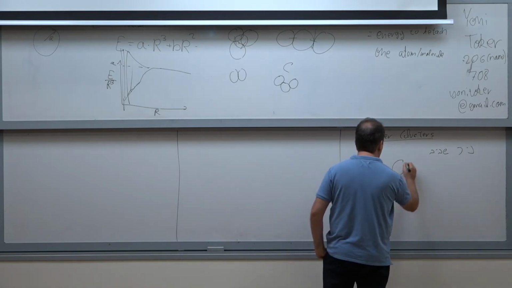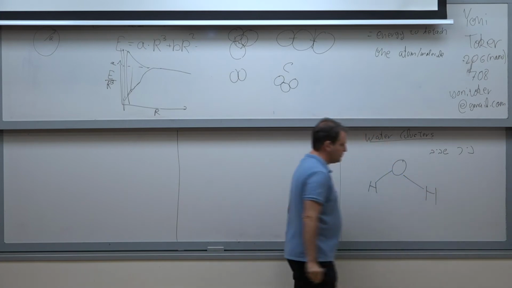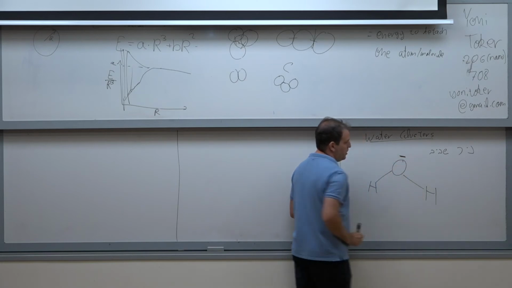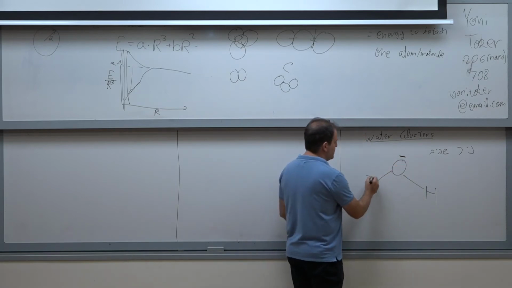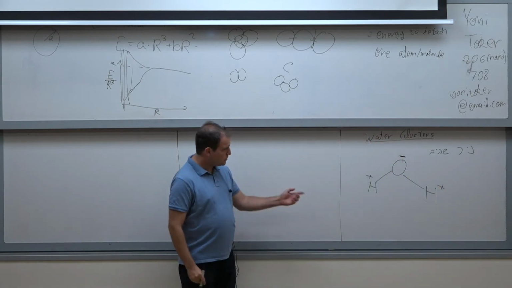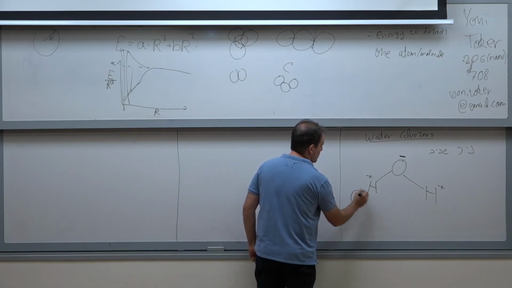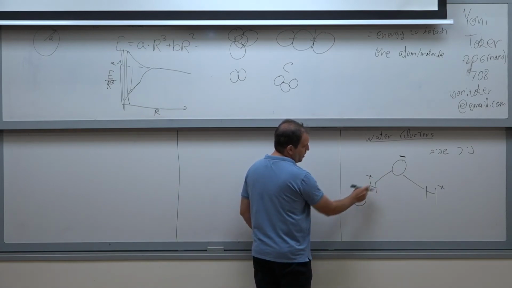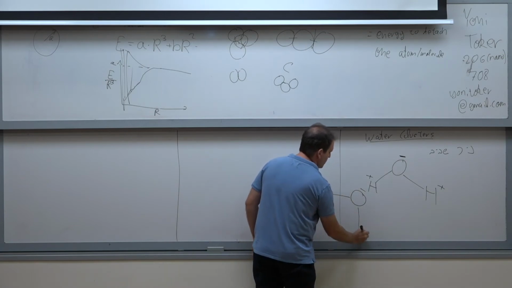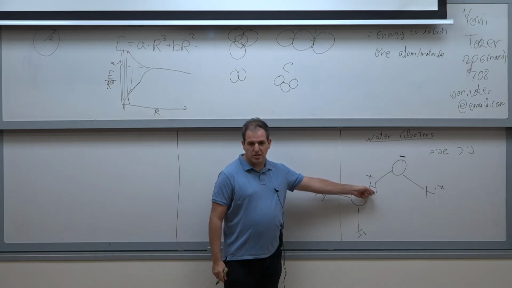Water has an oxygen connected to two hydrogens, and the negative charge is mainly on the oxygen, and then there is positive charge on the two hydrogens. So if you have another molecule over here, the negative charge of the other oxygen likes to be close to the positive charge in this hydrogen.